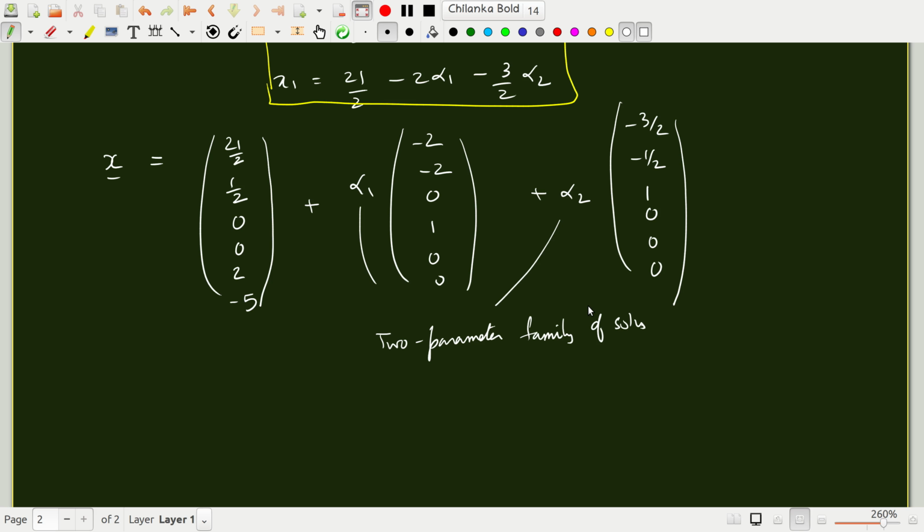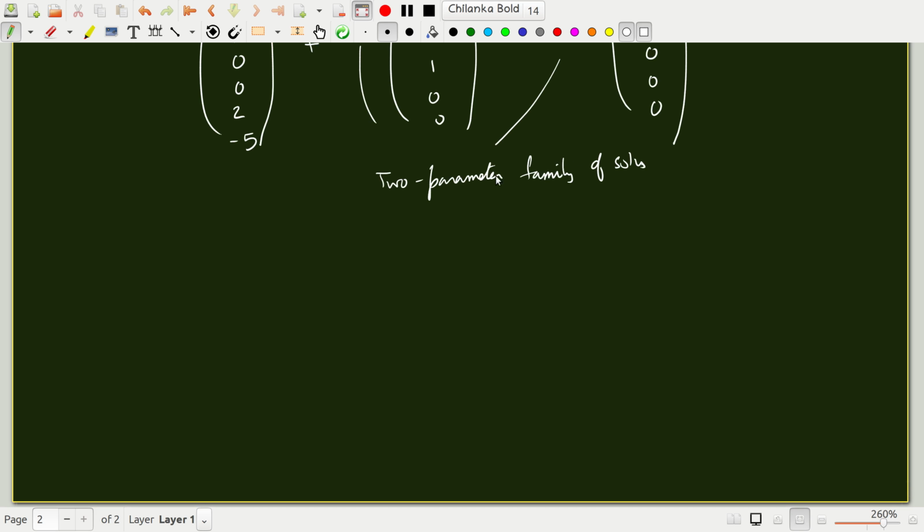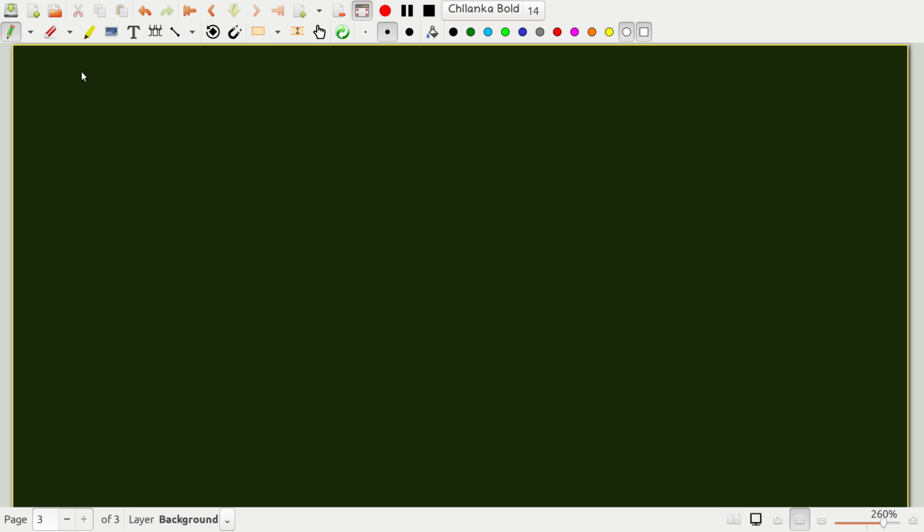So moving on further, we can do one more example. Suppose I have Ax equal to B of the following form, where the augmented matrix is like this. You have 4 equations and 6 unknowns, let's say.